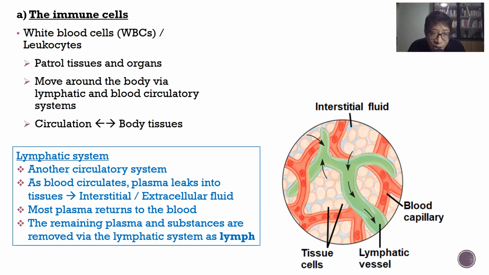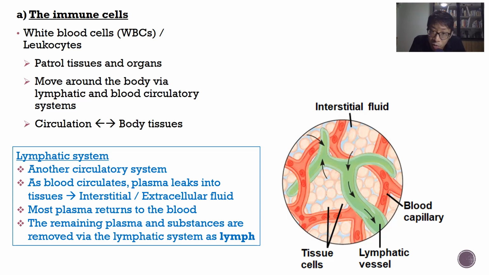That's where much of the exchange, whether it's exchange of oxygen, carbon dioxide, or nutrients, waste products, would occur, when the plasma is surrounding our own tissues and cells. After that, most of the plasma would go back into the blood circulatory system, but some of the plasma would be drained via the lymphatic system.